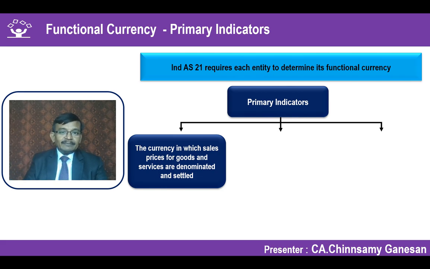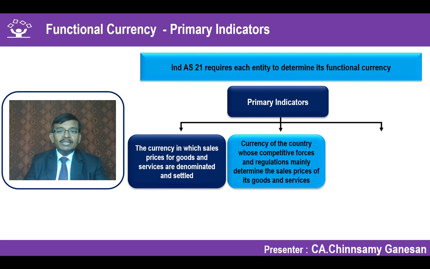Second indicator, suppose if you are not very clear whether the sales prices are denominated and settled is not the basis in which you wanted to do it, it says that what is the currency of the country whose competition and regulations determine the selling prices for goods and services. For example, if I'm talking about the regulations, that's what I have given an example of oil prices, crude oil prices, or gold prices.